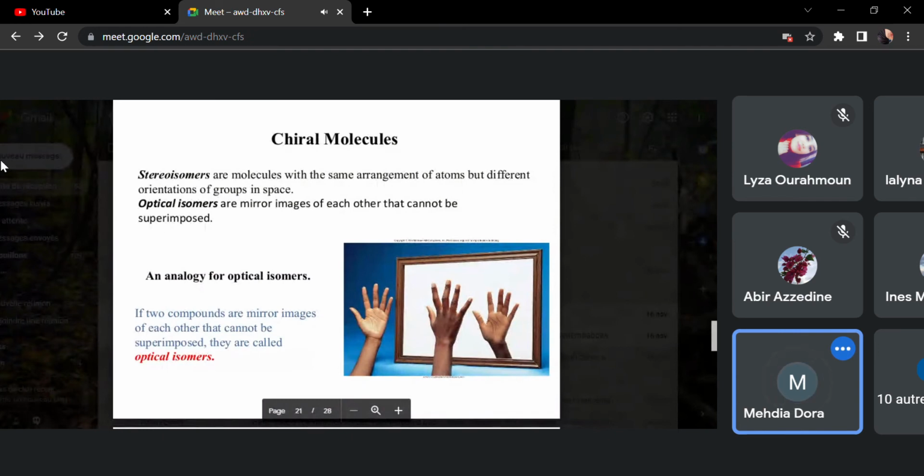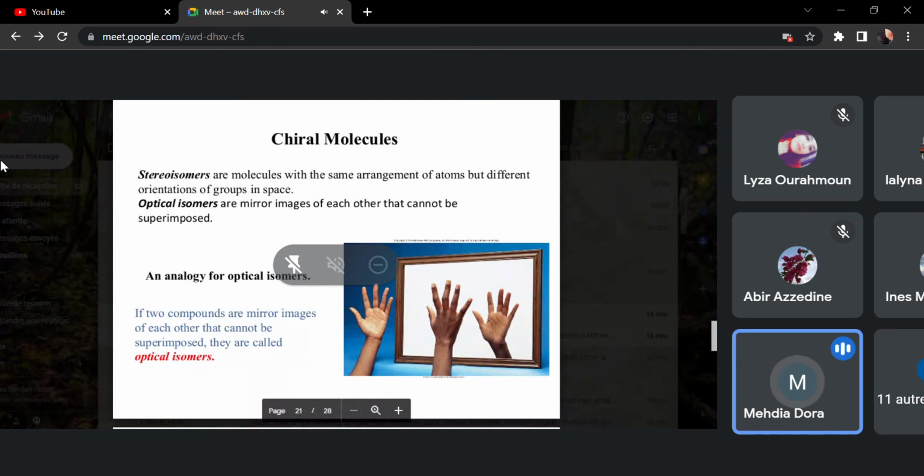Chiral molecules. When we hear about chiral molecules, it's about optical isomerism. Chiral molecules are molecules whose image in the mirror cannot be superimposed. Like the hand: if you put your hand behind the mirror, you see an image of your hand, but it's not superimposable.